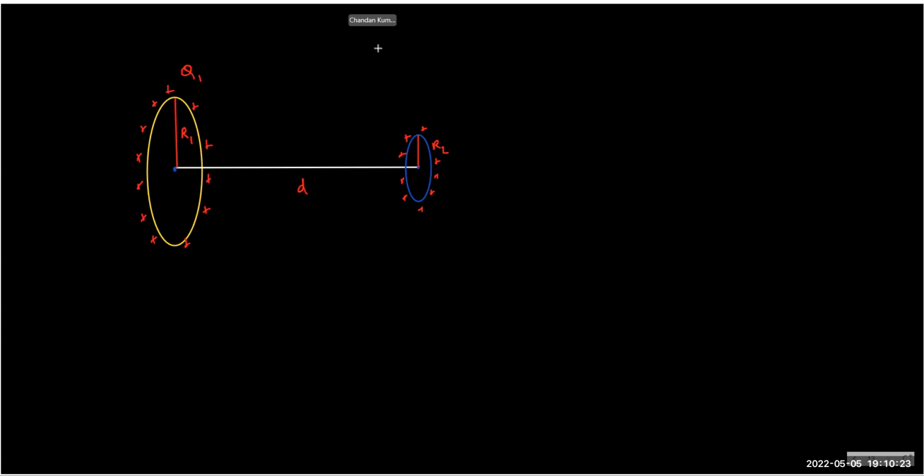These two are the two coaxial rings, which means they have the same axis. The separation between them is d, and the charges given are q1 and q2, radii are r1 and r2, and these are fixed. There is a charge q naught which I would like to take from here to here. How much work do I need to perform to take this charge from there to there? Simple, but nice question. Think about it.